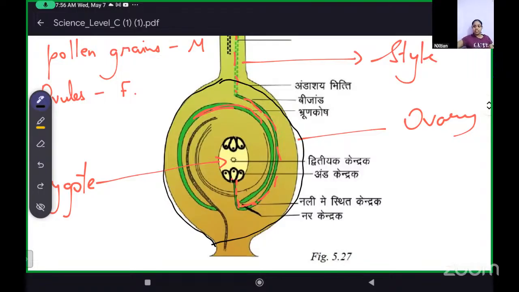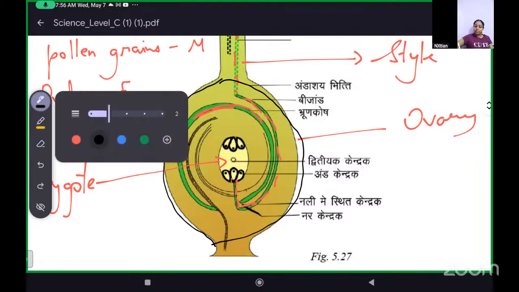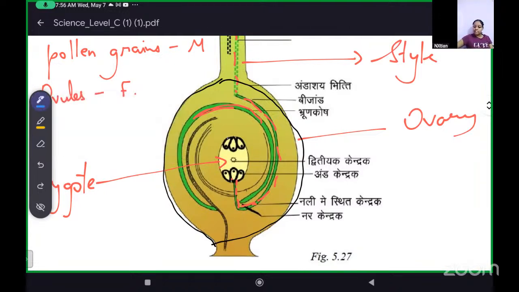Seeds are what? The ovules. See, there are many ovules inside an ovary of a flower. One ovule gets fertilized and develops into a fruit, but the remaining ovules form the seed of the fruit.